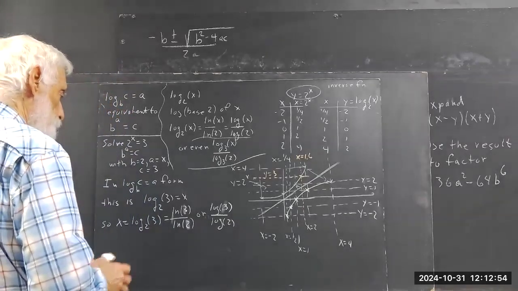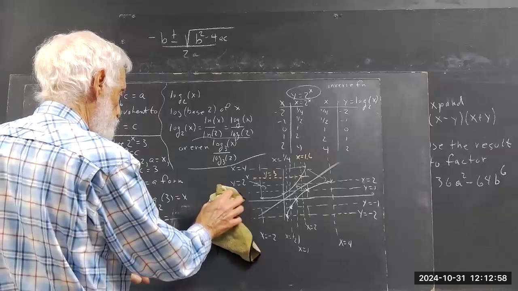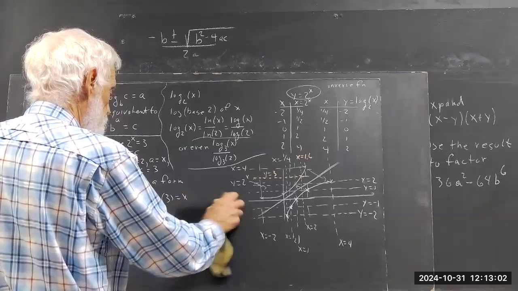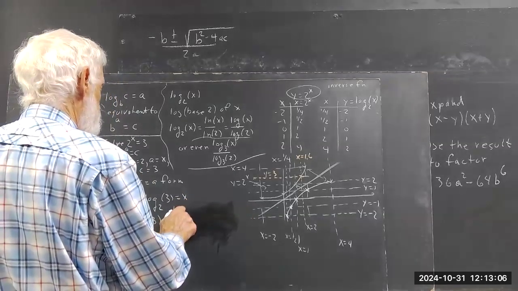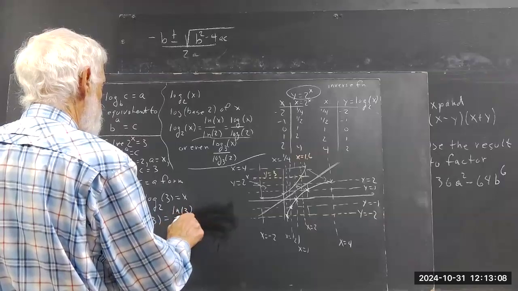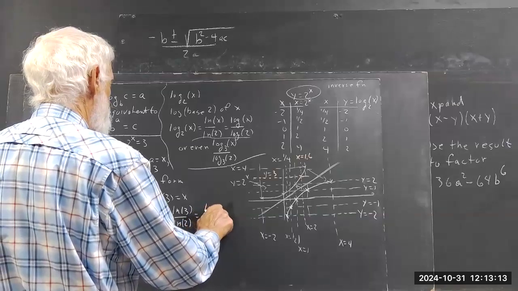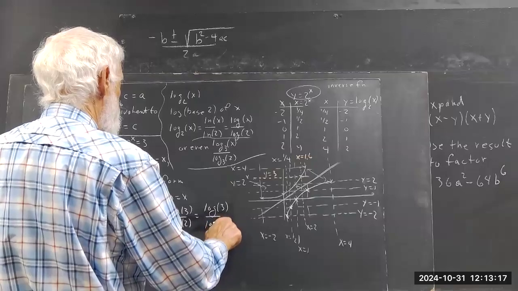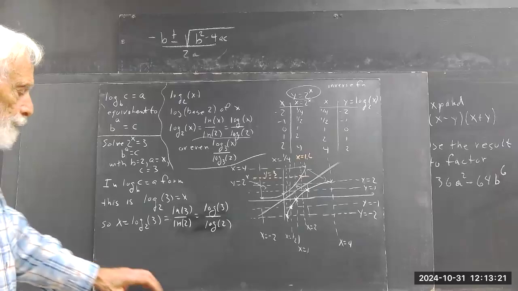Okay, well, I wrote that so badly, but I'll make sure everyone can see it. It's really important. So this is natural log of 3 over natural log of 2, or log of 3 over log of 2.